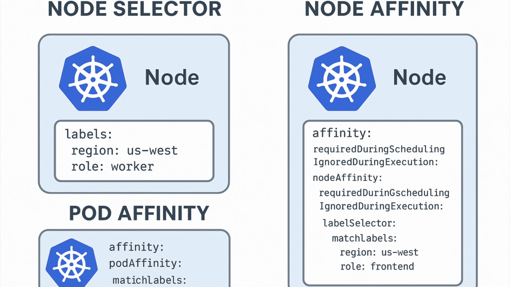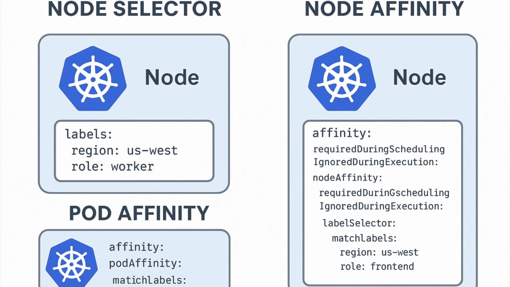The flexible rules are required during scheduling, ignored during execution. The other one is preferred during scheduling, ignored during execution. One is hard enforcement, the other one is soft enforcement. And the operators that it supports are In, NotIn, Exists, DoesNotExist, Lt, and Gt. So these kinds of operators we can use in node affinity and anti-affinity.